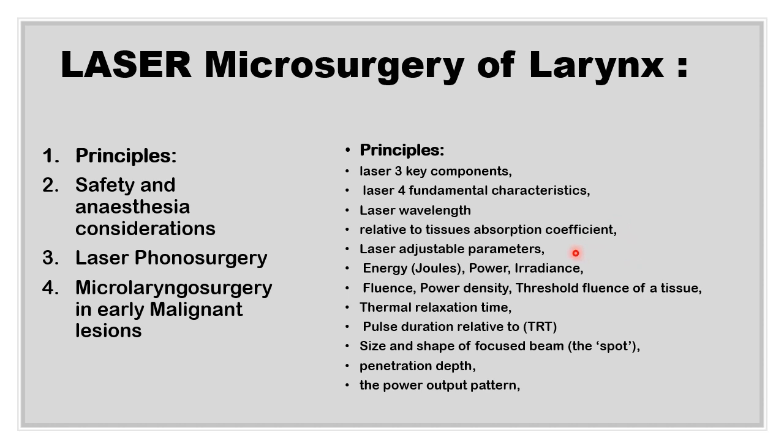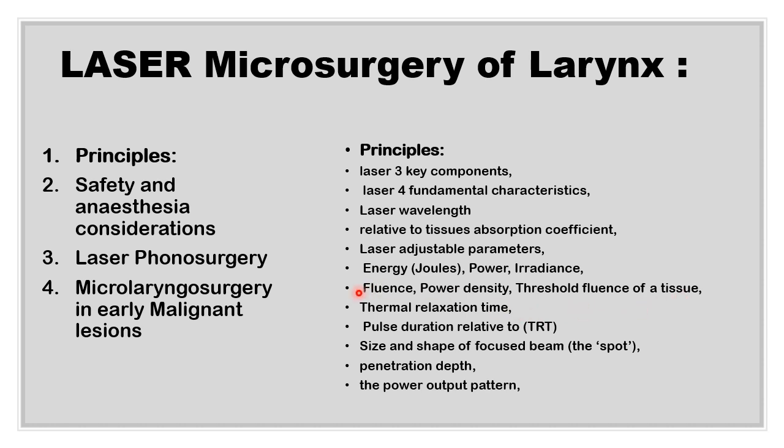We'll also be covering things like the adjustable parameters of the laser machine, including the choice of the required energy in joules and the amount of power delivered and the irradiance. We'll also be discussing fluence and the power density and the threshold of energy required for ablating or cutting into tissues.